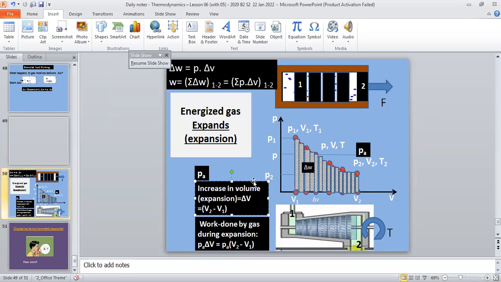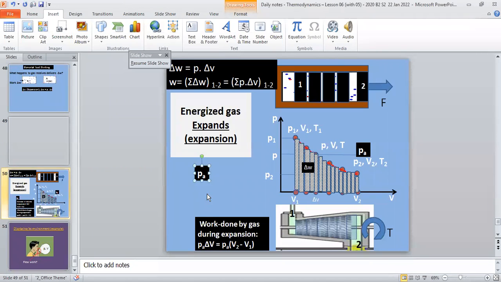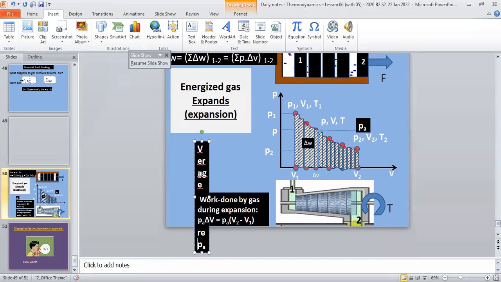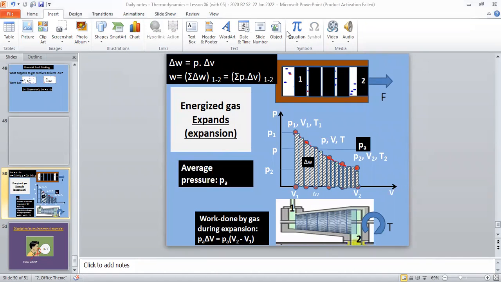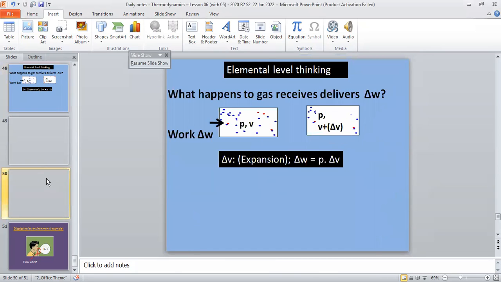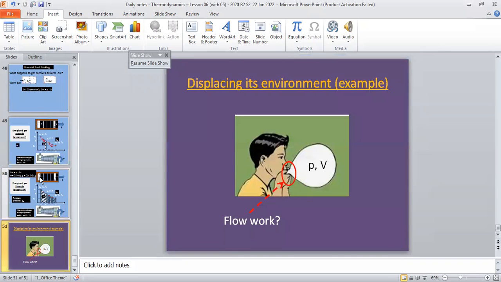So, delta V is a tiny delta V I take. Okay, good. So PA is the average pressure.